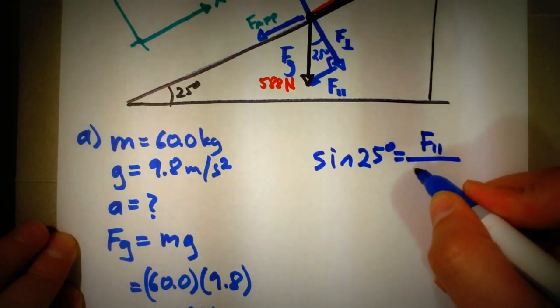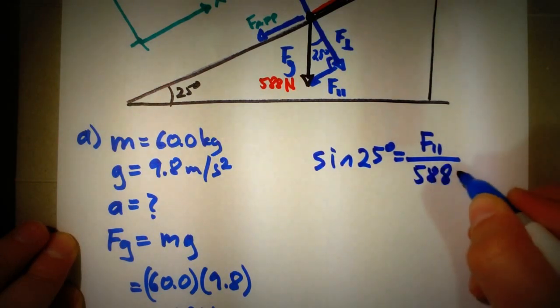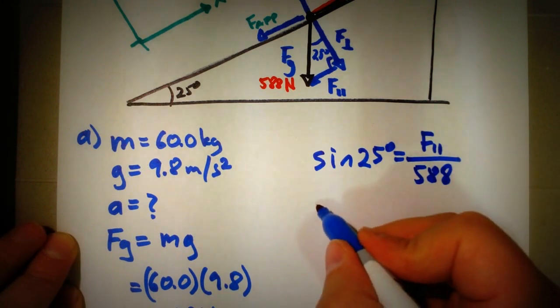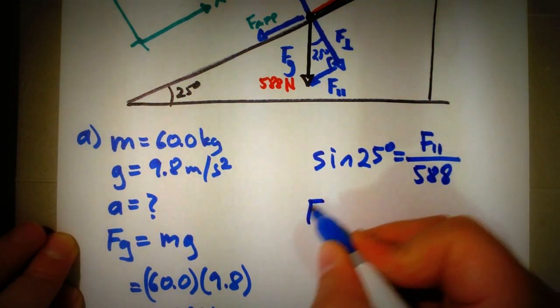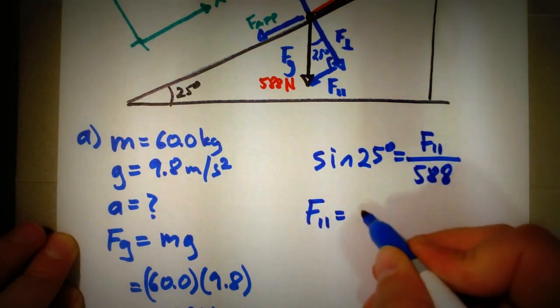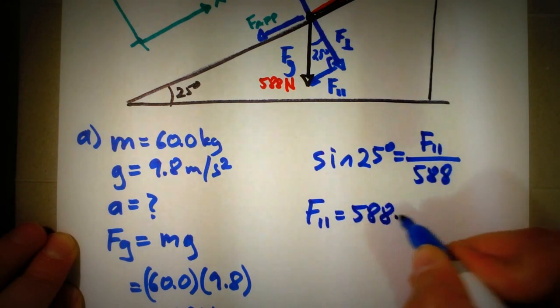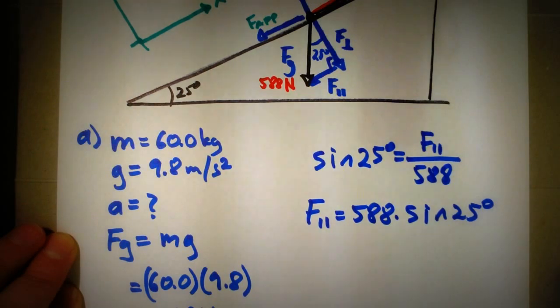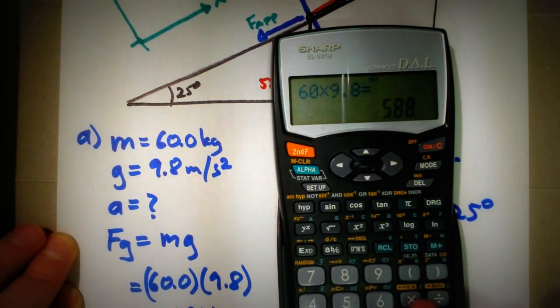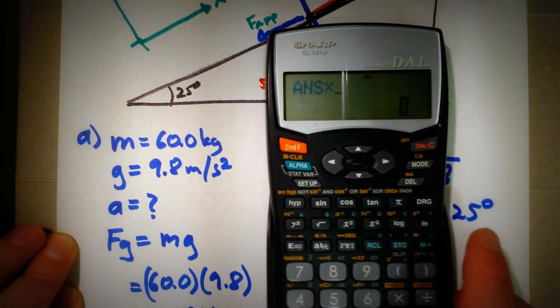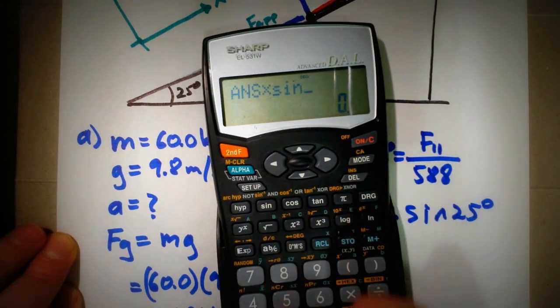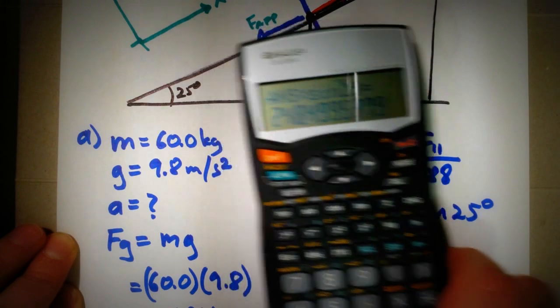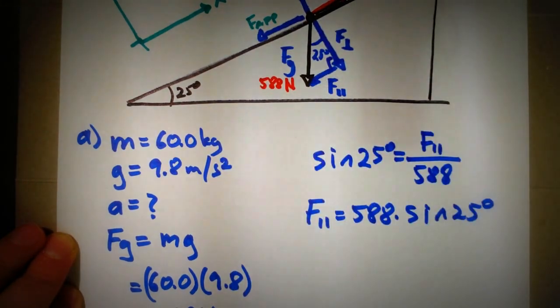And well, I'm just going to go ahead and write down the units. So now we figure out the parallel force is going to be equal to, right, this is dividing, it goes multiplying on the other side, and so you multiply these two, you grab a calculator, and it gives us, so 588 times sine 25, and that gives us 248.5. Okay?